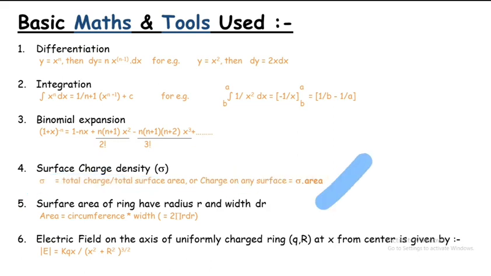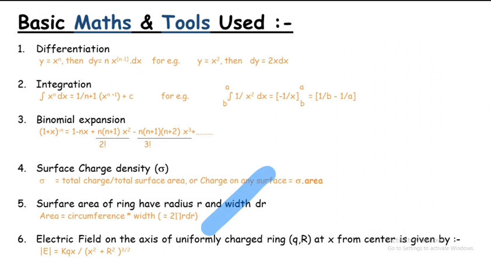One more thing is the surface area of a ring having radius r and width dr. Area is equal to circumference into width, or we can write 2πr dr. Simply, for the area we need two dimensions and their multiplication. One dimension here is circumference, another one is width. So the area will be 2πr dr.